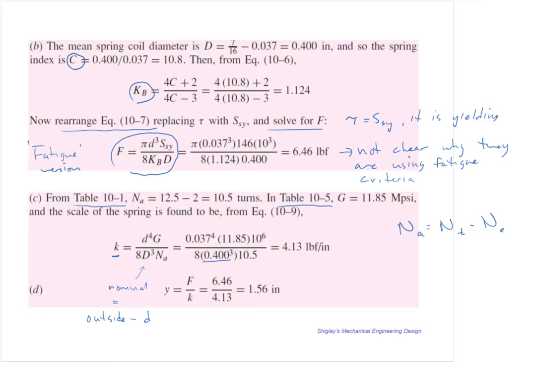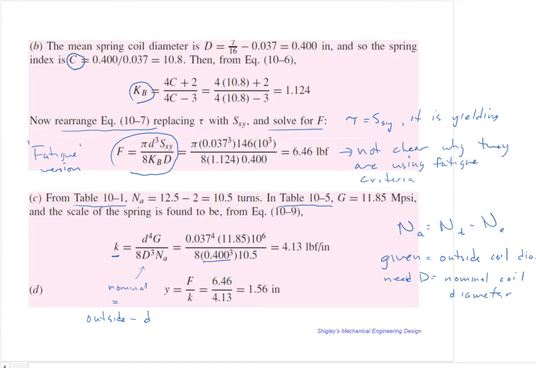So D is the nominal coil diameter. They gave you the outside coil diameter. So I'm just making a note here versus the given is outside coil diameter, and you need D, which is the nominal coil diameter.